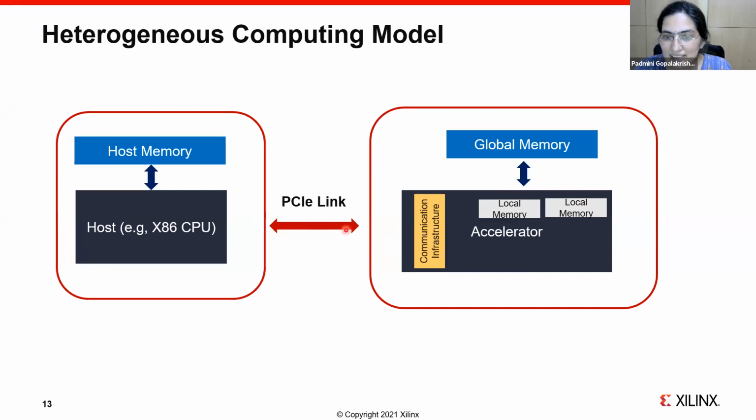You will also find some accelerators where they may implement a DMA, which is a direct memory access, right? So the host may actually directly access the global memory here on the accelerator, and the accelerator also will have a way to access it. Okay, so this is the broad kind of model of how memory and communication happens between the host and the accelerator.